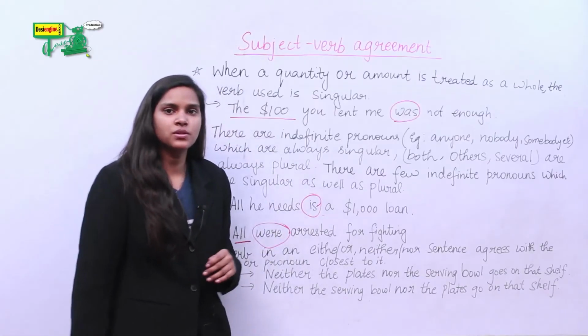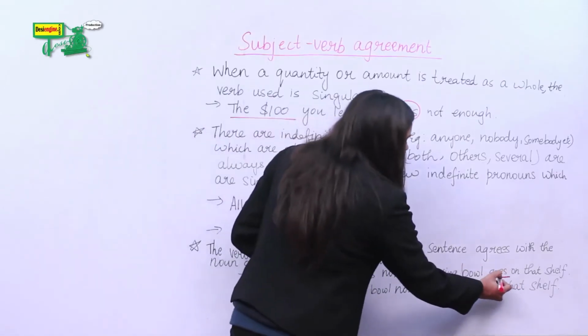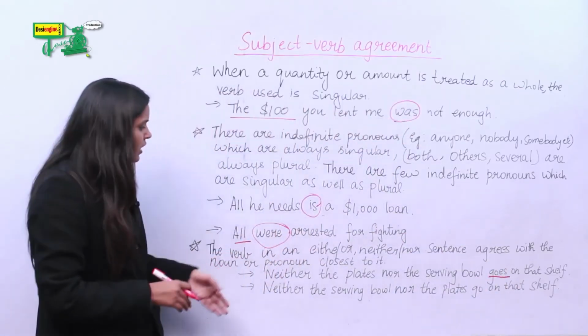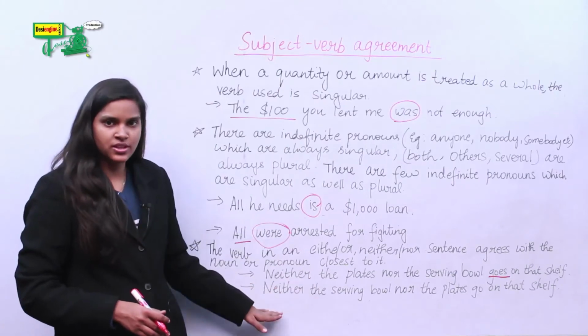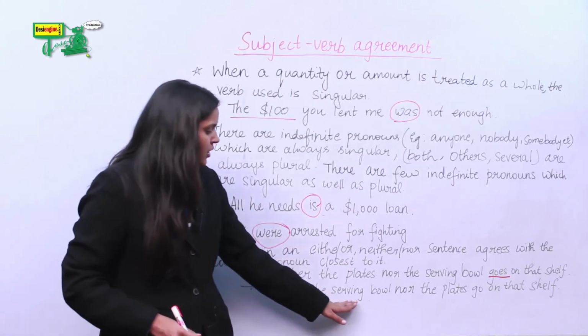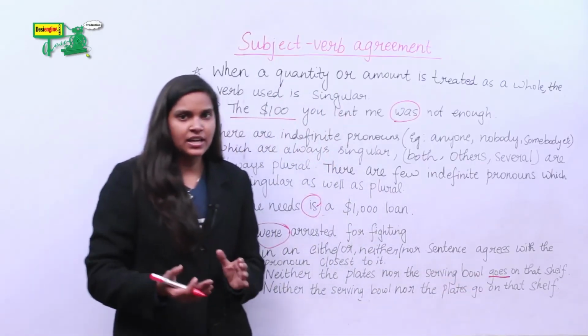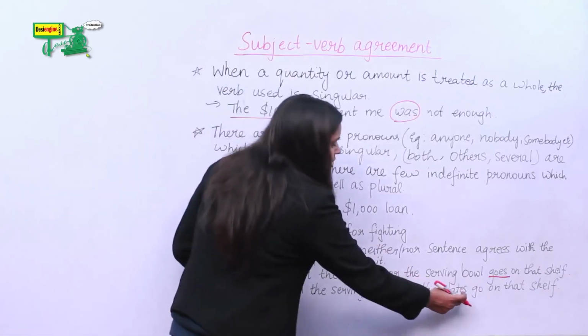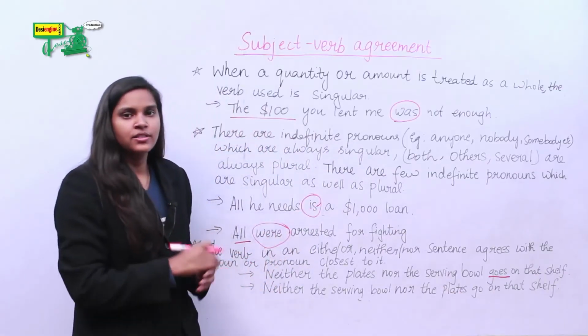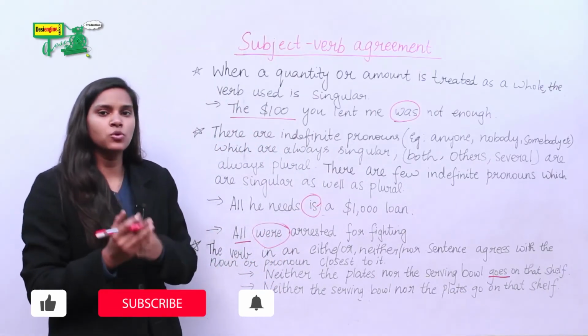Therefore, the verb taken up is in the singular form. If the sentence is changed in this way, neither the serving bowl nor the plates go on that shelf. In that case, plates is the nearest noun. Therefore, the verb takes up plural form.